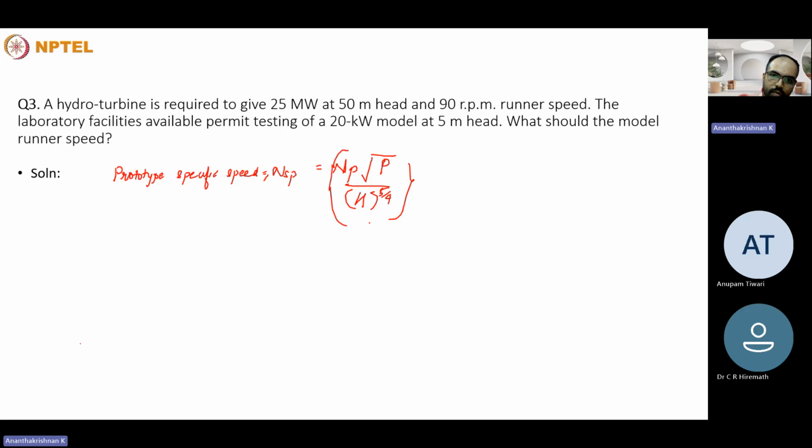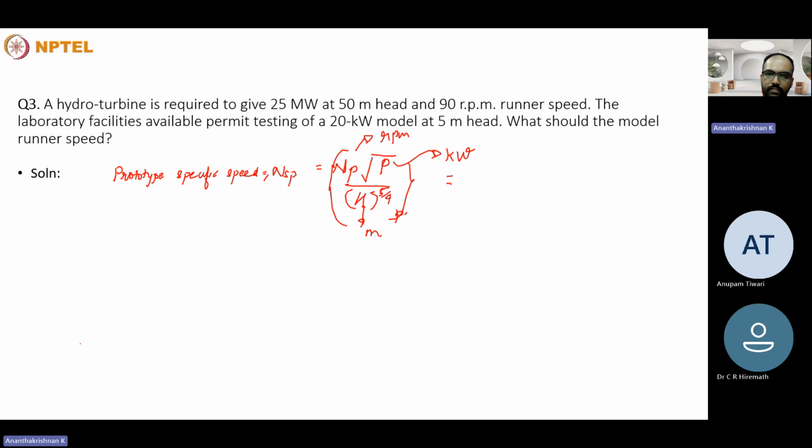Everything is of the prototype. Here the power will be in terms of kilowatt, N will be in terms of RPM, and H will be head in terms of meter.